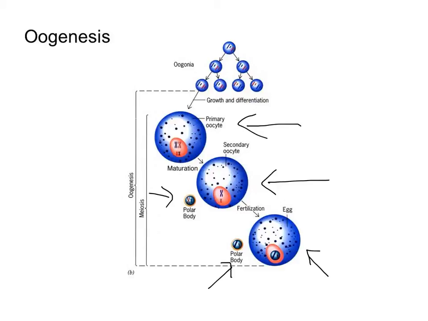So unlike sperm, which end up with 4 viable haploid cells at the end of meiosis, oogenesis results in one viable, very large egg. And this large egg contains all the nutrients needed once fertilization occurs so that ultimately cell divisions can occur prior to implantation into the womb and development of a placenta for delivery of nutrients to the fertilized egg.